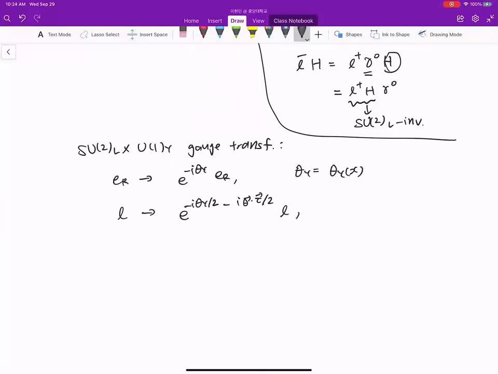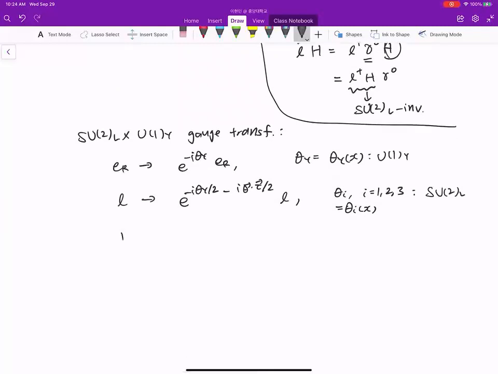So here there are 3 transformation parameters. Also this transformation parameter is a function of space-time. So this is the SU(2) transformation. This is hypercharge.